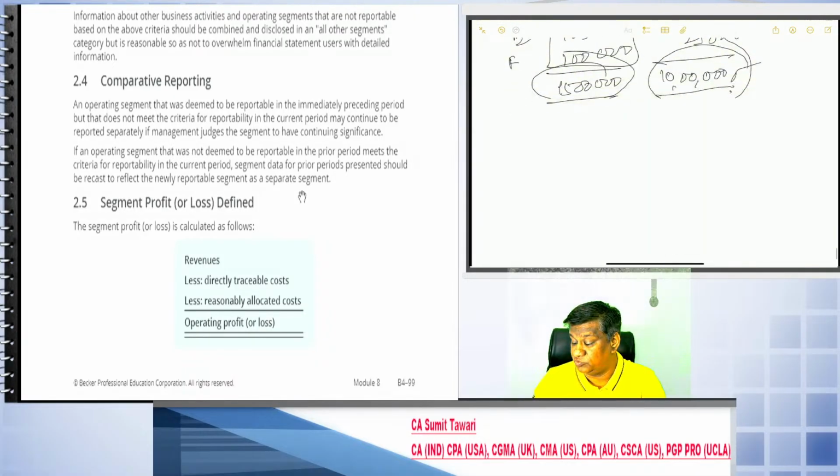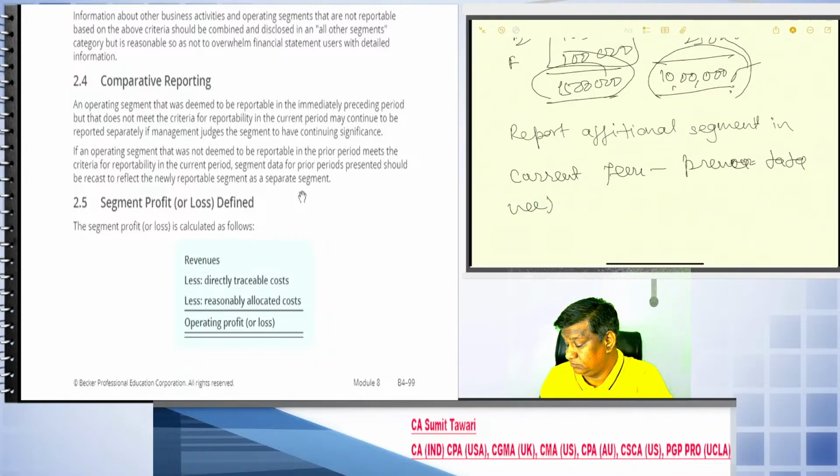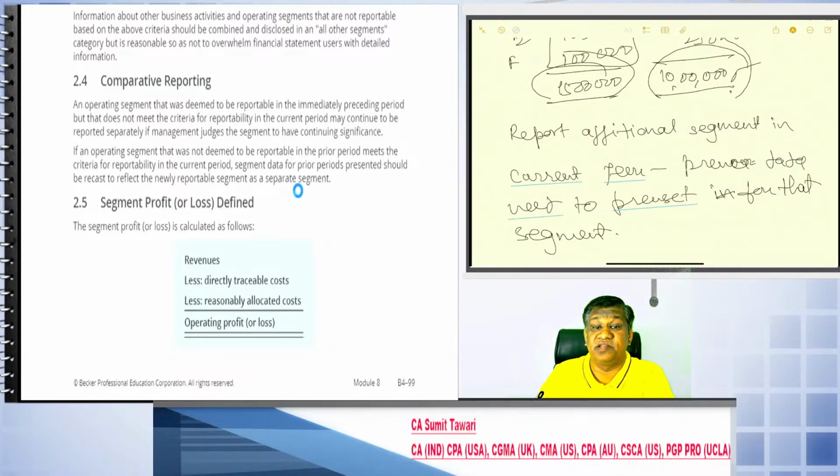So if you need to report an additional segment in the current year, then previous year data you also need to present for that segment, even if you had not reported it earlier, so that you can maintain the comparability.